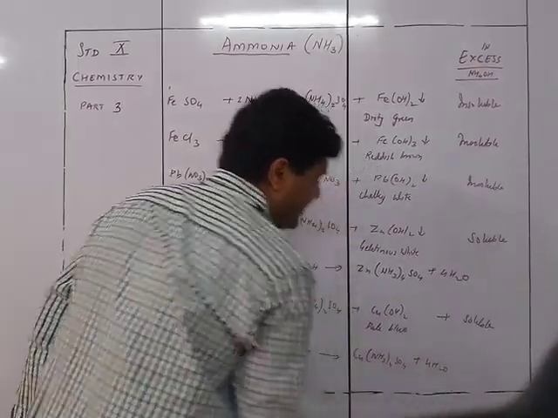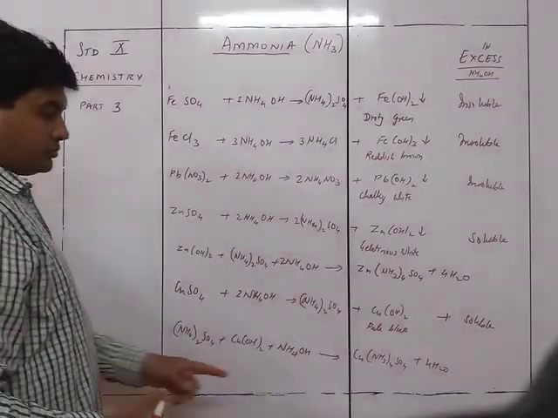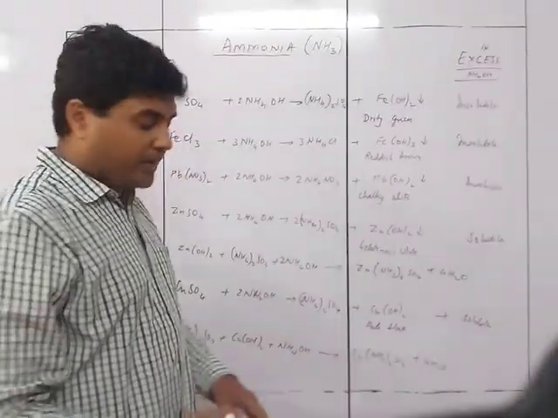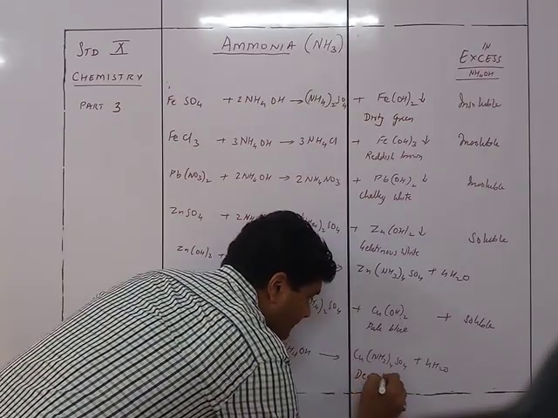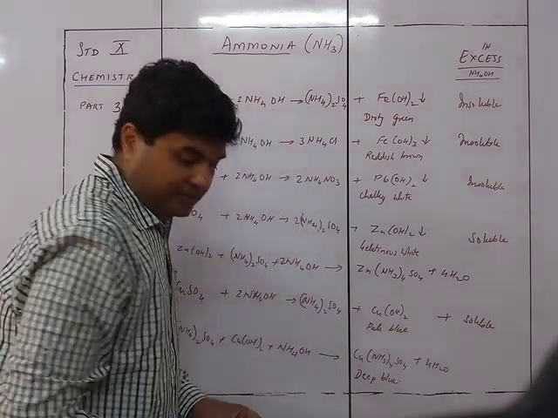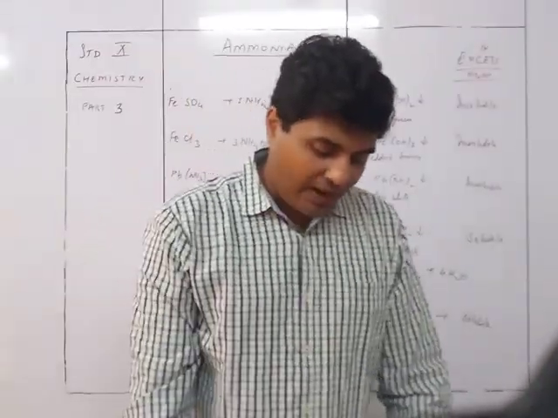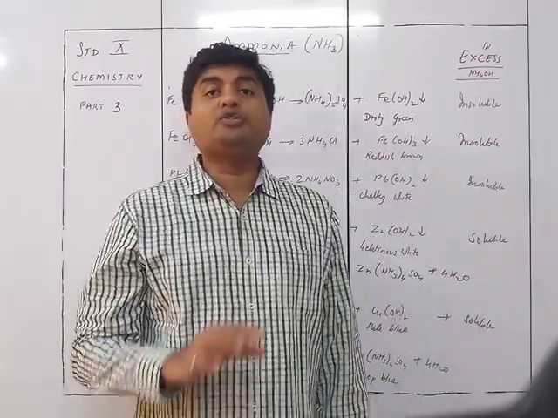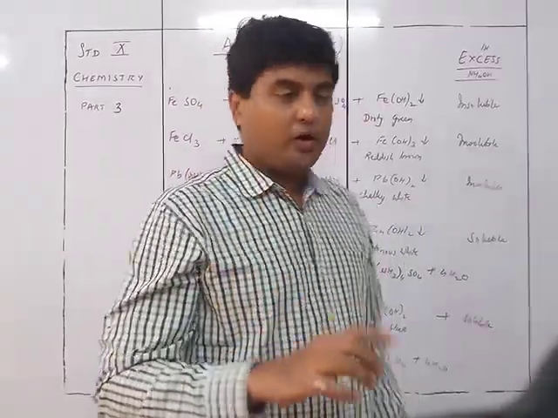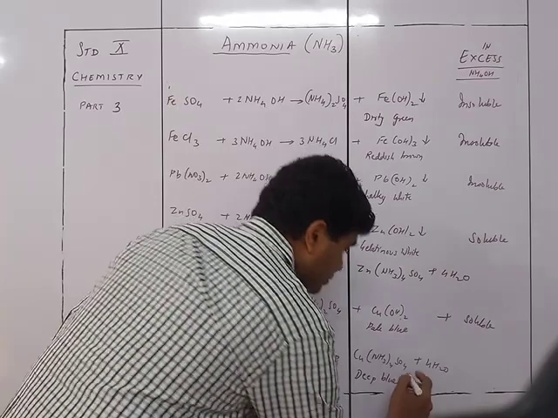So we can see that it is soluble, and this over here will be deep blue. Okay, this is going to give you a deep blue kind of a color when it is going to get mixed up. So it will be a deep blue solution. It will not be a precipitate, it will be a deep blue solution.